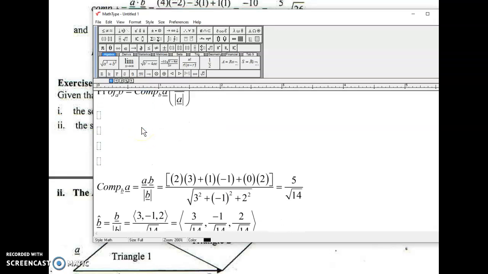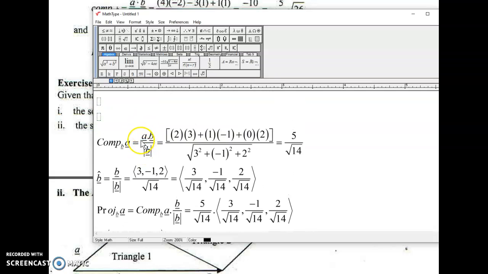So it is the dot product of A and B over the magnitude of B. This is the calculation, and you get 5 over 14 as the length. You can calculate the value later, but it will be around this figure. 5 over 14 will be the length of the shadow of the projection.